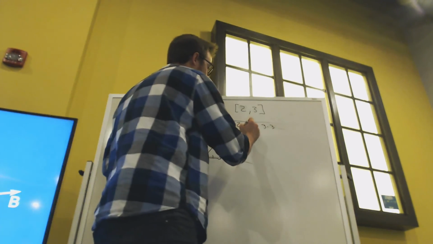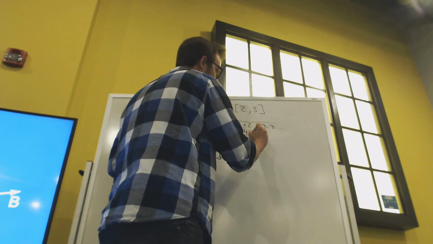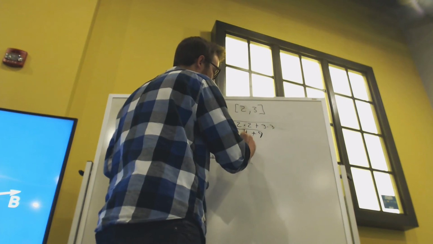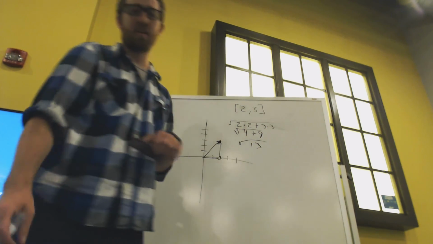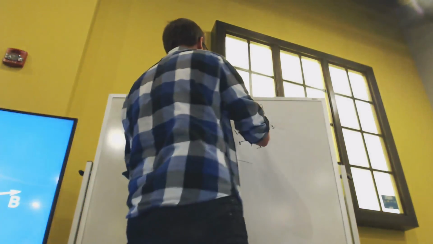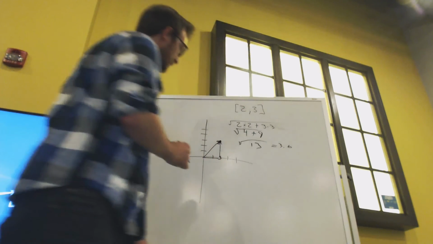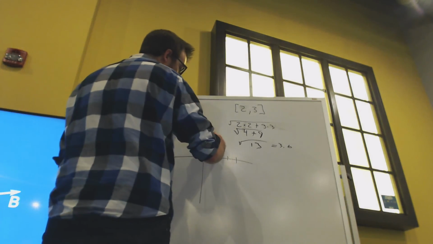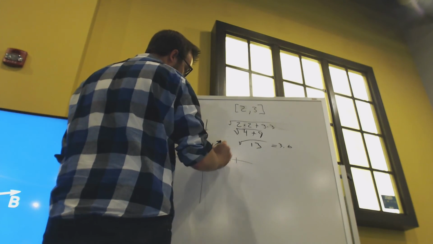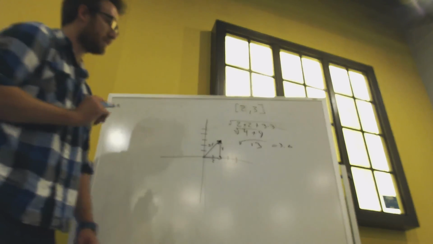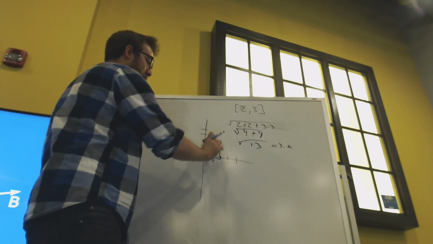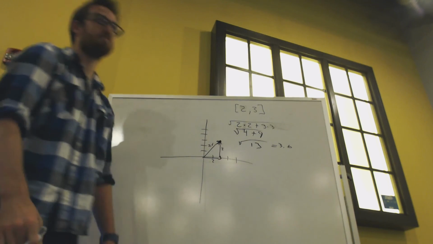So we got 4 plus 9, square root of that, square root of 13, ends up being, I don't even know, Google help, a length of 3.6, unless I'm doing this wrong. So the length of this should be 3.6, when this is 3 and this is 2. Which kind of makes sense. Got 3, it's a little bit longer.